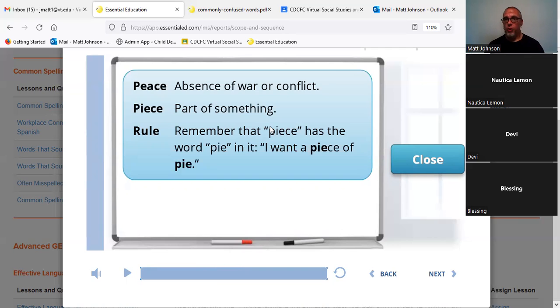Apart as one word, A-P-A-R-T, which is very, very often confused, is like blown apart, right? So they are apart, meaning they are not together. So apart, A-P-A-R-T as one word, meaning not together.